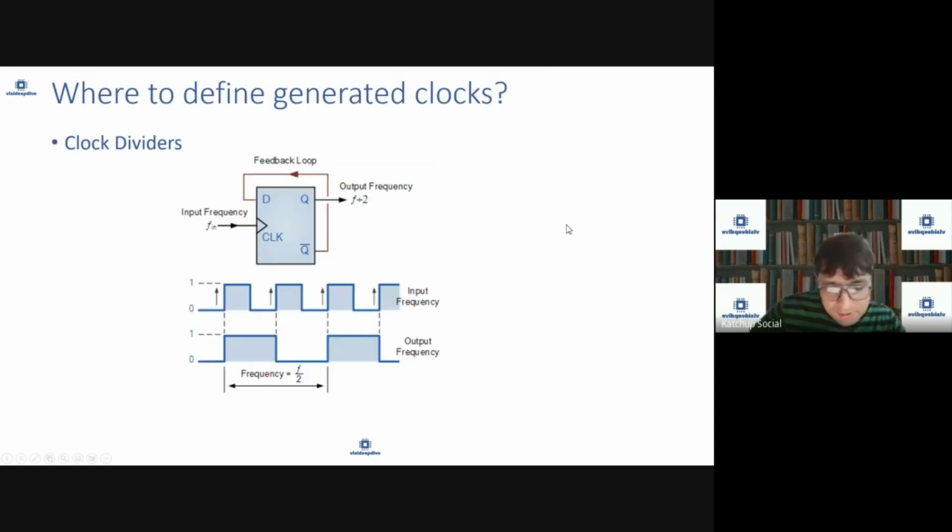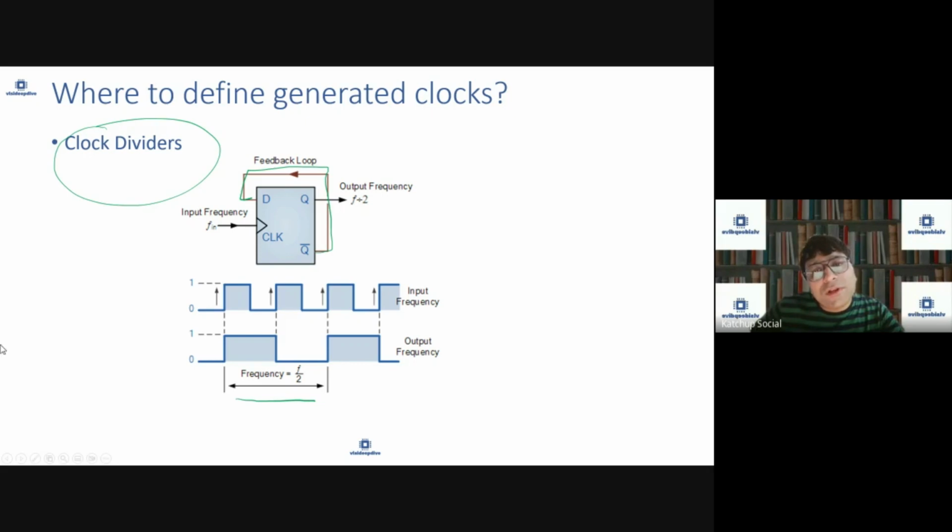So let's understand this particular command. Typically, create generated clock, either you will define on clock dividers, which is basically dividing: if you give Q bar back to D, that creates a divide by 2 version of the clock. So the frequency is divided by 2.